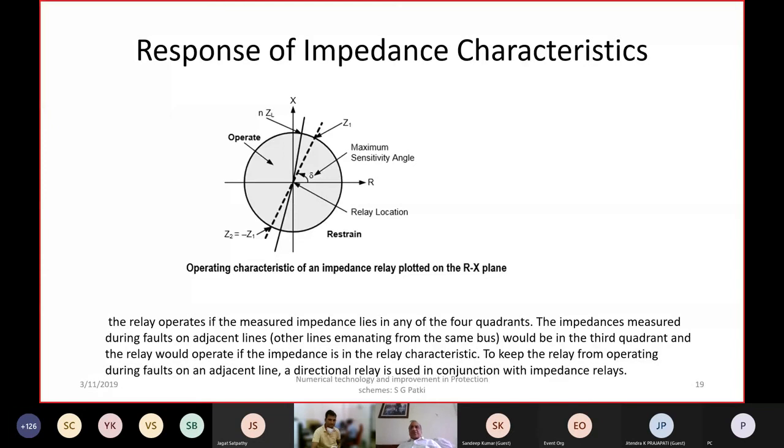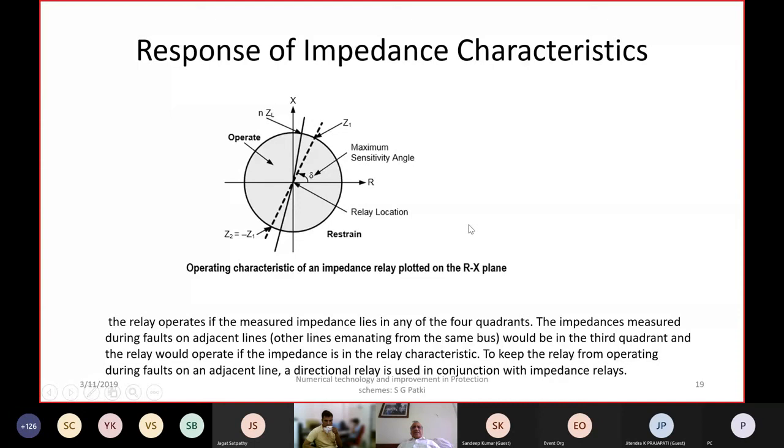It is also applied for some ICTs where there are possibilities of overload during certain contingencies. So there also impedance protection is used as a backup in place of overcurrent, and of course the generator backup impedance relay. So all these impedance based protections, let us see how they perform.